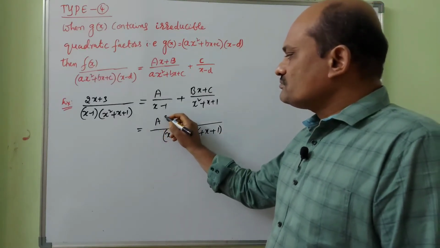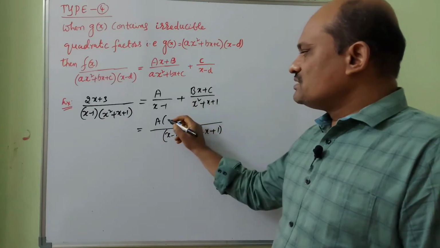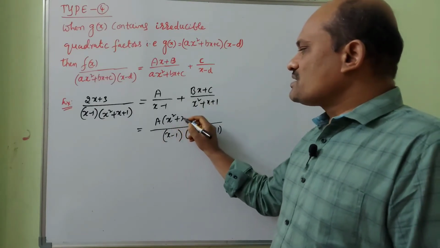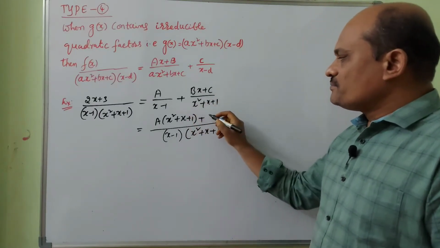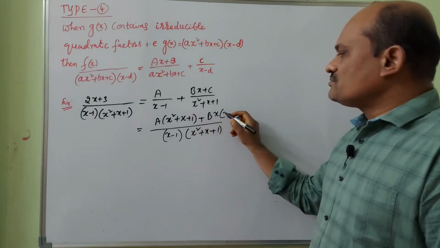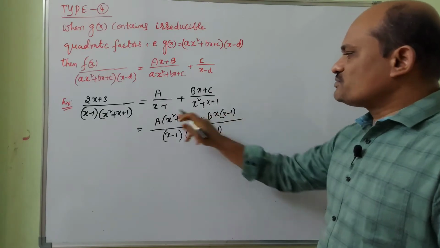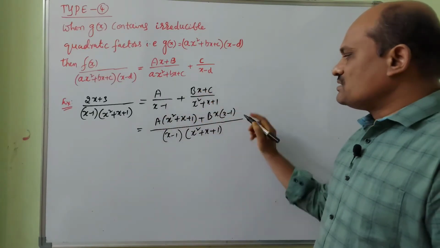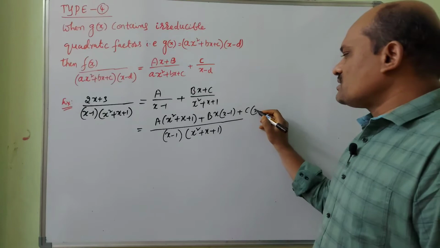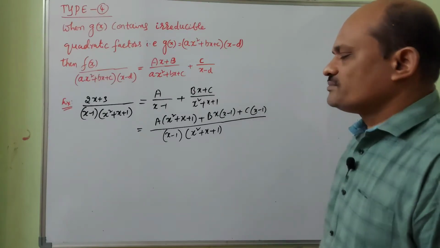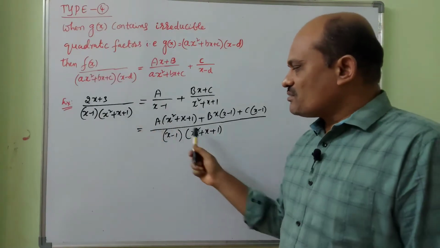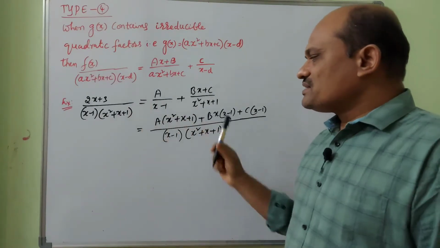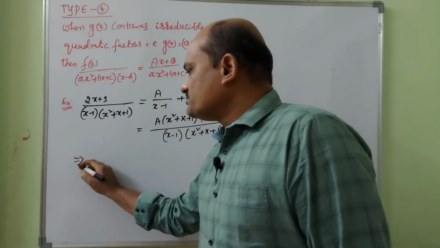Now the numerator becomes a into (x square plus x plus 1) plus (bx plus c) into (x minus 1), since x minus 1 comes for both terms. This is the numerator. Look, LHS and RHS both have the same denominators. That's why the numerators should be equal.